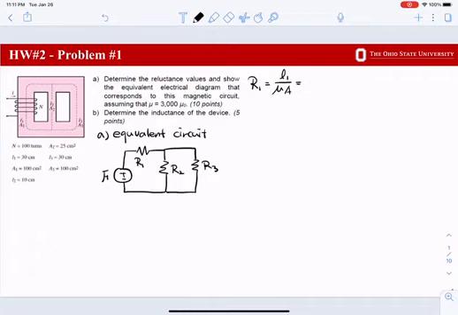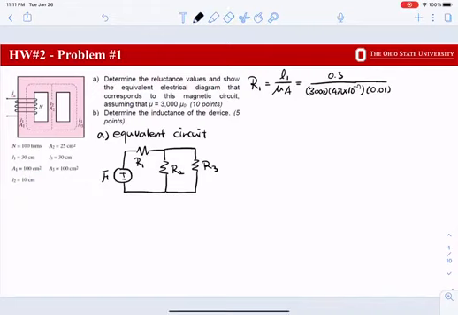So that means it should be 0.3 over 3000 times 4 pi times 10 to the minus 7, and you can use A1 here, 0.01.